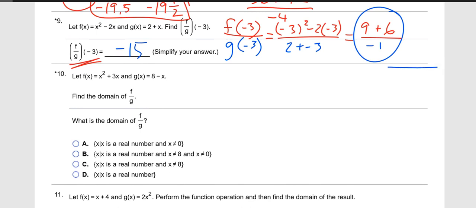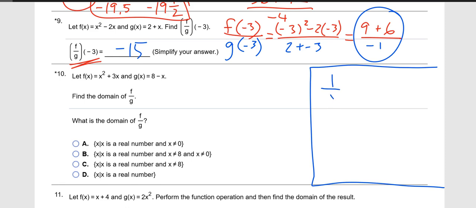Now we get into the second topic of this particular section, which is finding the domain of these weird functions. A lot of these functions that we deal with will allow you to put in every single number in the universe. The ones that don't are fractions.